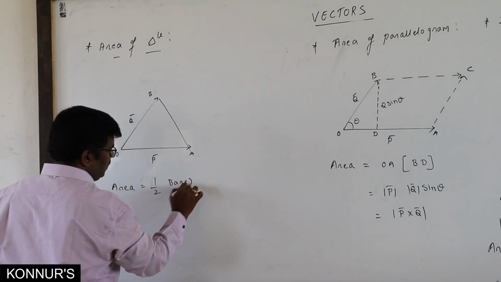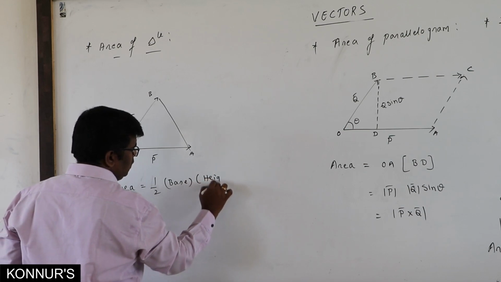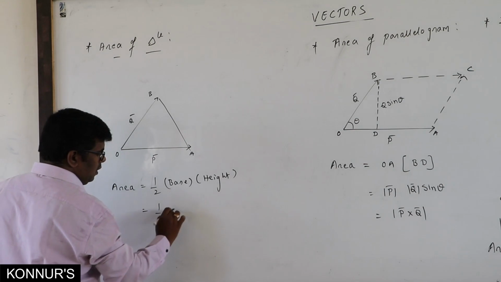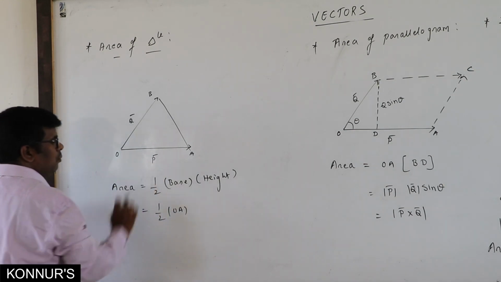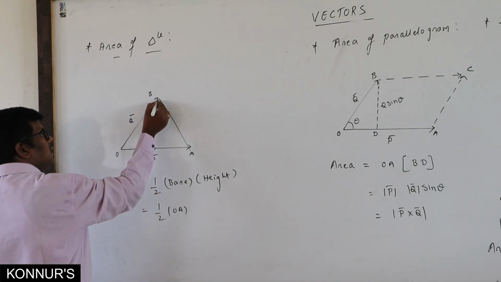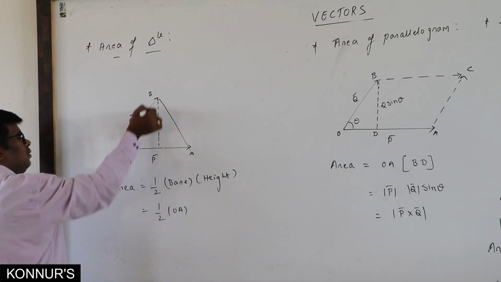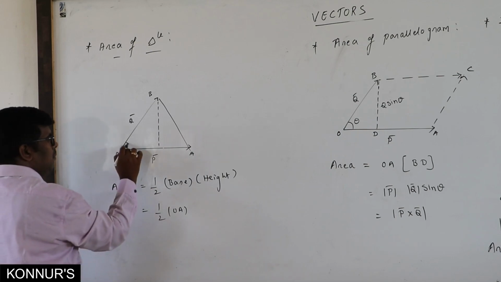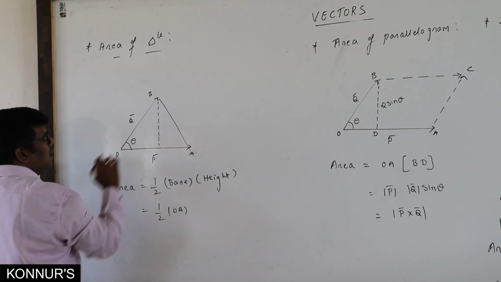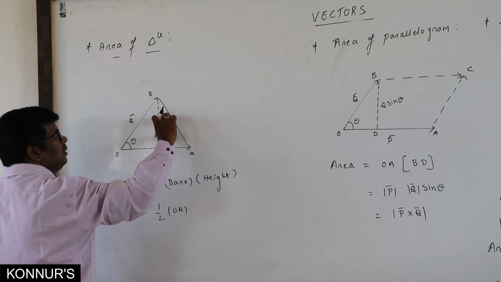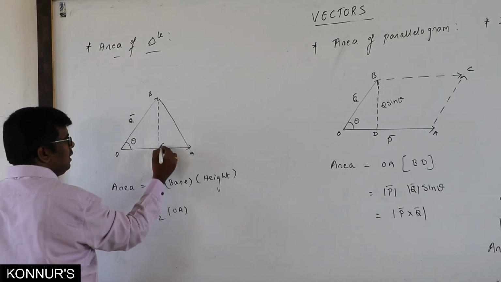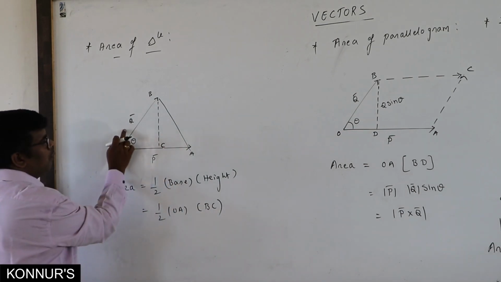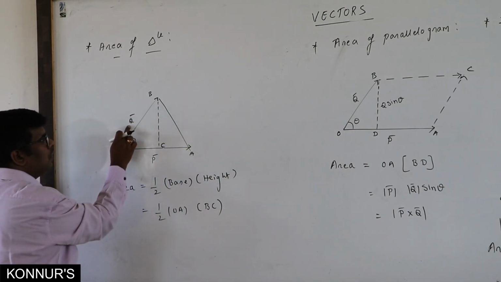Half base into height. Here base is nothing but OA, that is the magnitude of P, and height is the normal distance you draw on OA. If the angle between the vectors P bar and Q bar is theta, then this BC, the height, is nothing but the perpendicular component of Q bar.